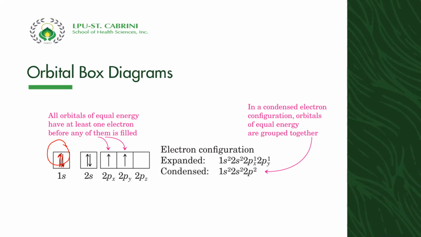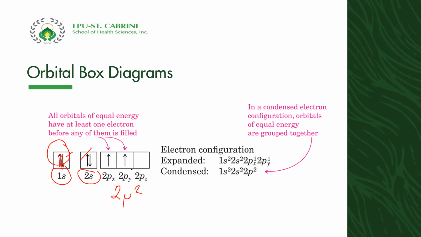So 1s will become 1s2, 2s2, 2p. This time, yung 2p natin is 2p2. And according to our rule, before the next set of orbitals becomes complete, the electrons should be distributed equally.